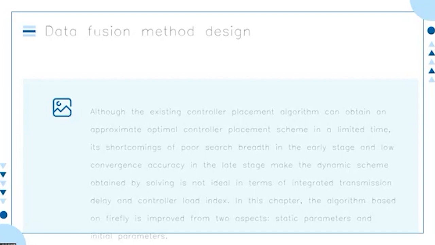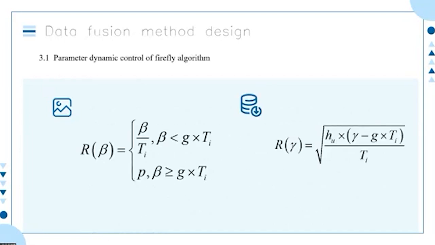In this chapter, the algorithm based on Firefly is improved by two aspects: state parameters and the initial parameters. And this is the parameters dynamic controls of Firefly algorithm.